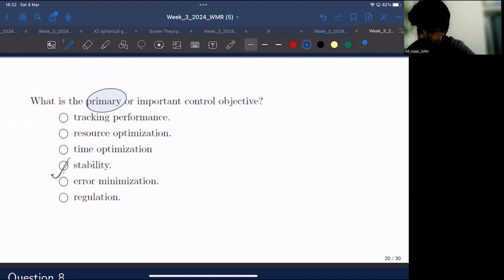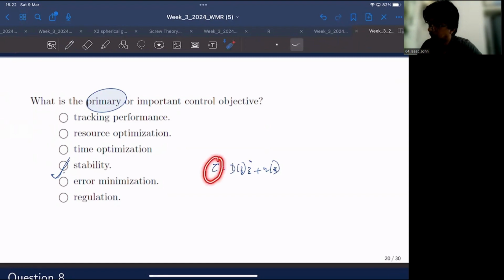We have to ensure that the system is stable, because whatever we have considered in this course, D of theta dot plus n of theta, is inherently unstable. If you give a constant control actuator input, as there are no dissipative terms here, the system will eventually speed up or accelerate. So that makes it inherently unstable.